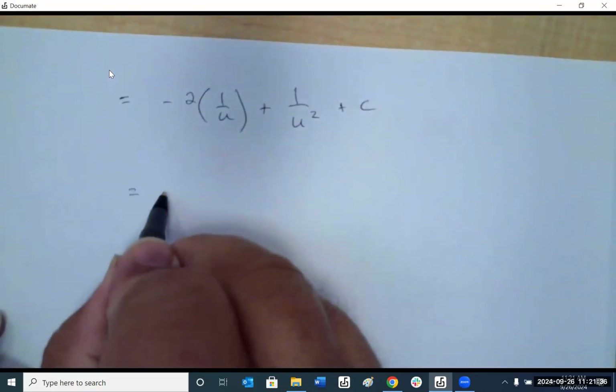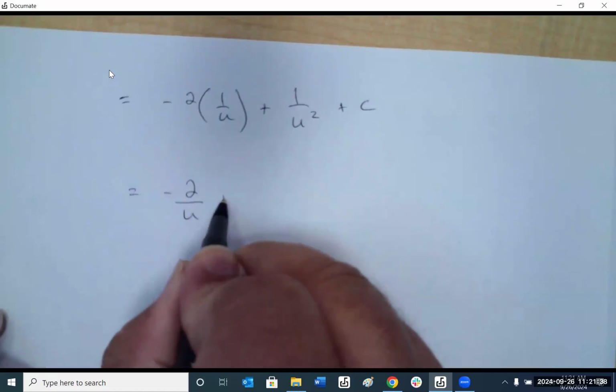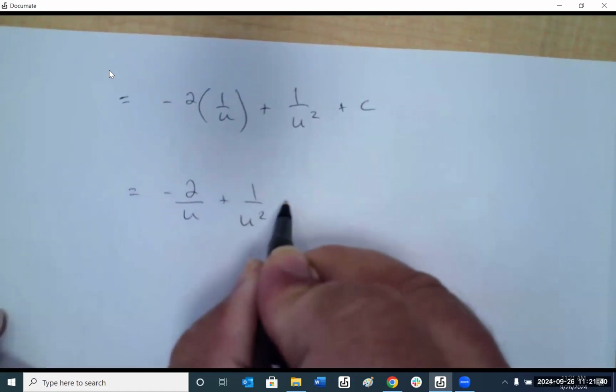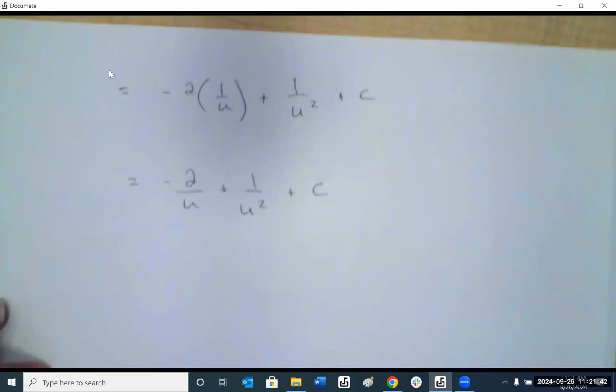So that becomes -2 over u plus 1 over u squared plus c.